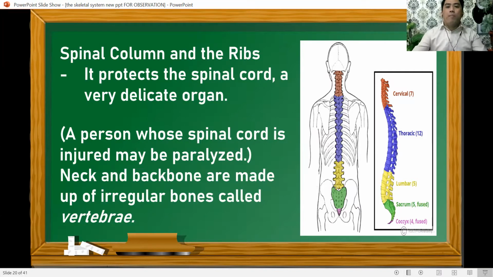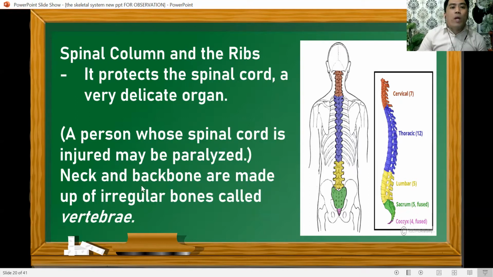Kasi siya yung nagsisilbing tagadala ng mensahe papunta sa ating utak. Once na ma-injured yan, wala nang magdadala ng message or ng stimuli sa ating utak para ma-interpret ng ating utak. Kaya hindi alam ng utak kung paano mag-respond. Kaya paralyzed yung tao. So ganun yun.